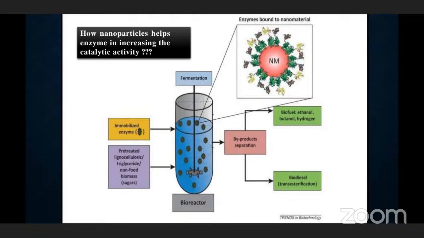Now this biomass or sugars act as a substrate on which the enzymes start reacting and we get the products. We can isolate and separate those products and produce biofuel, ethanol or butanol. Rather than adding an enzyme directly into the substrate, if we immobilize it, it will have a large surface to volume ratio. So more enzyme molecules can stay together and the reaction will be faster.